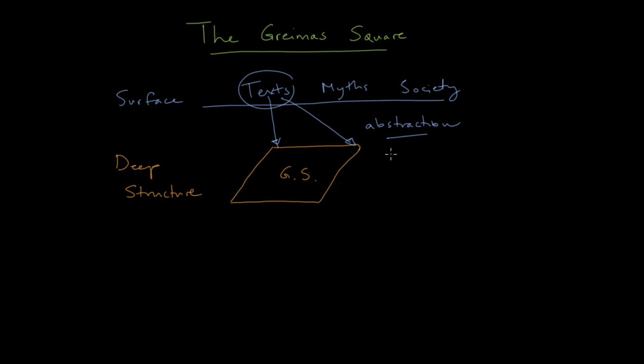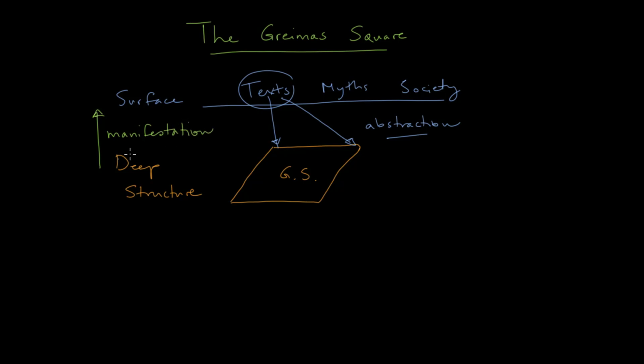Beneath the surface level, we see this deeper structure that allows us to make sense of what we see. We see a pattern that may not be immediately obvious at first glance. Now, the way in which we move from the deep structure to the surface, this process is what Greimas refers to as manifestation.